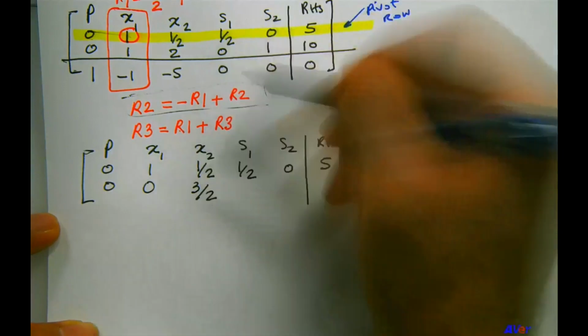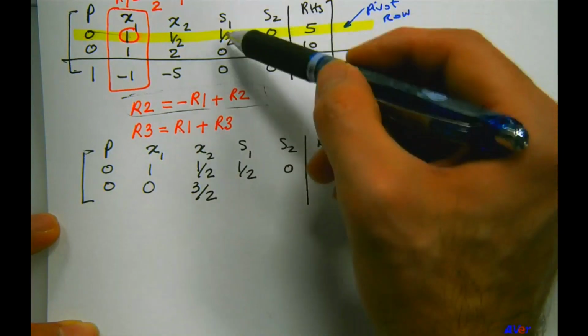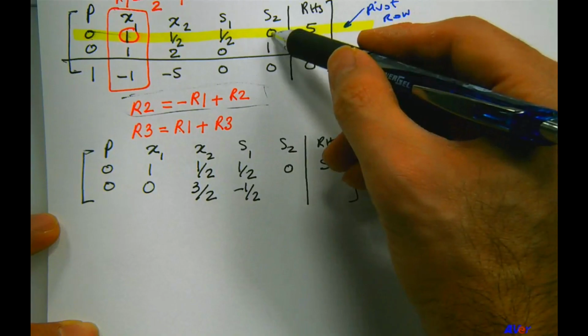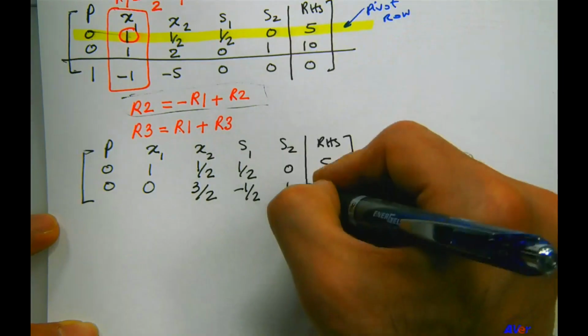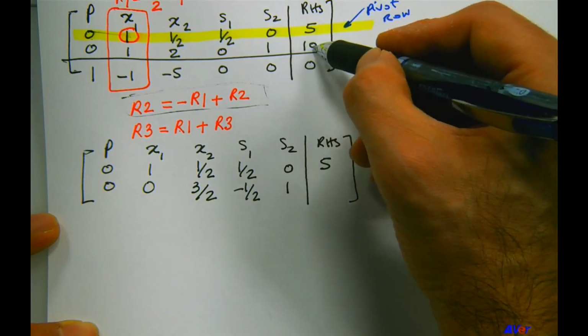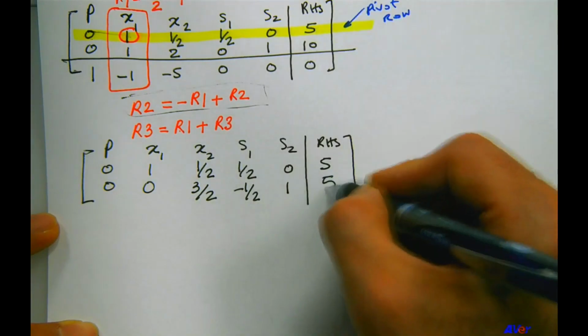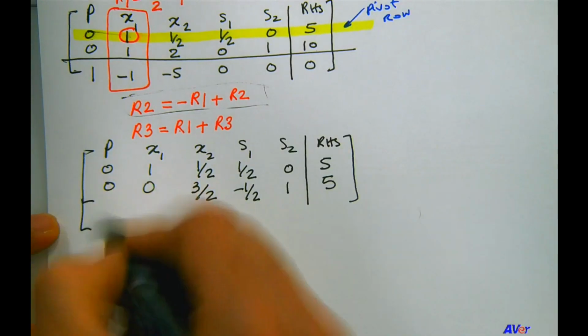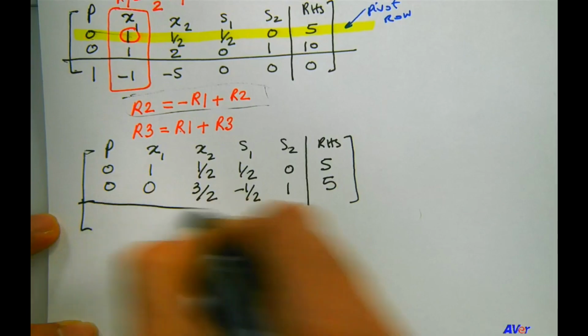So no worries here. Okay, so -1 times 1/2 is -1/2. Plus 0, -1/2. -1 times 0 is 0. Plus 1 is 1. -1 times 5 is -5. Plus 10 is +5. Right? So then, of course, we're going to have the objective row.